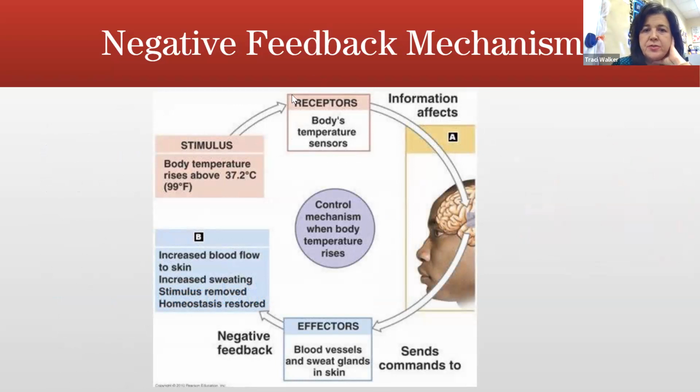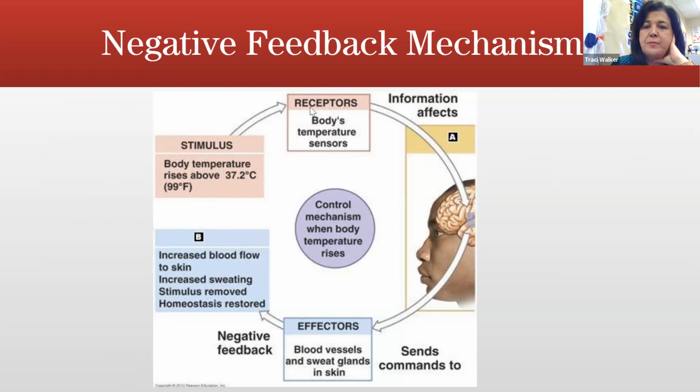You have receptors throughout your body that pick up the information from the external environment. So let's say that your body temperature rises above 99 degrees Fahrenheit. Let's say you're exercising, okay? And your body temperature goes up to 99 degrees. It's supposed to stay around 98, but it's going up.